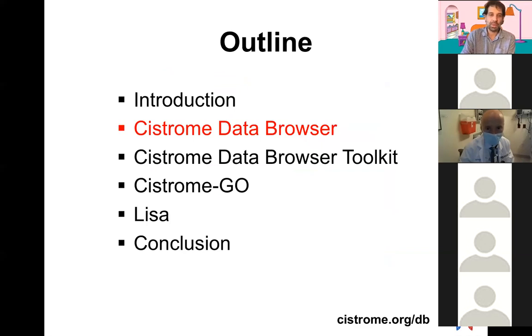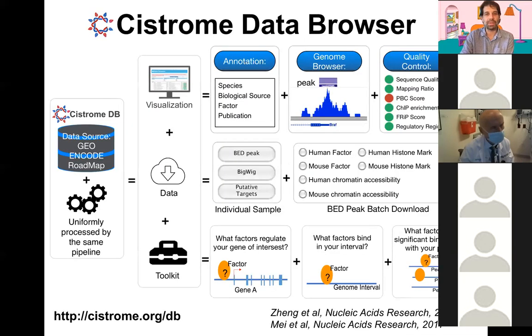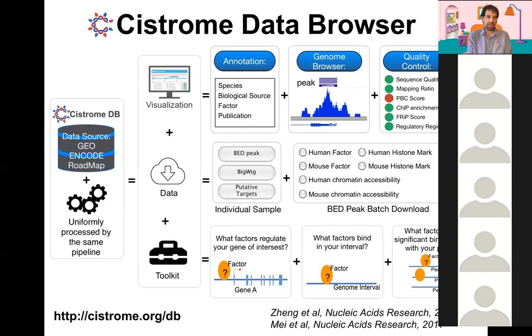For that reason, we developed the Cistrome Data Browser. What the Cistrome Data Browser does is it collects data from the major sources of these chromatin profiles, including GEO, ENCODE, and Roadmap. We have a pipeline to process the same data types by the same pipeline. For example, TF ChIP-seq will be processed by one pipeline, and there'll be another for DNase-seq, but all the DNase-seq will be processed by the same pipeline.